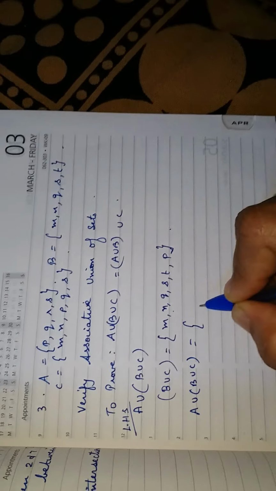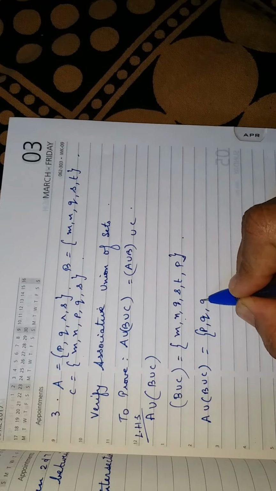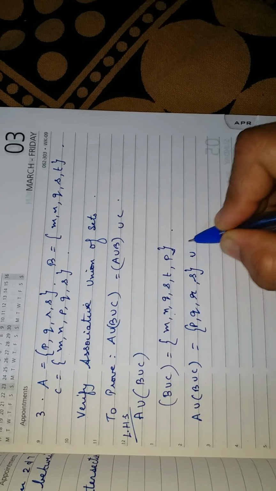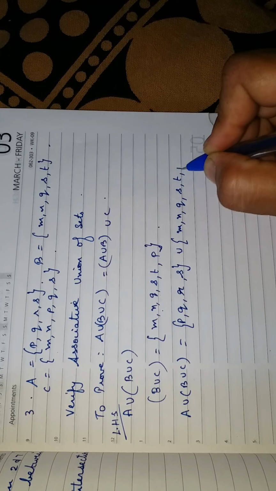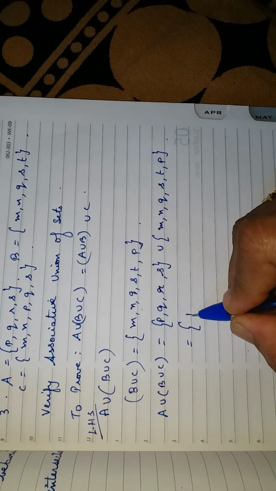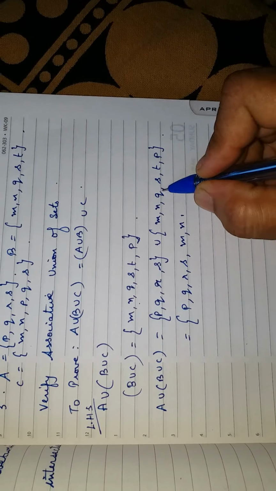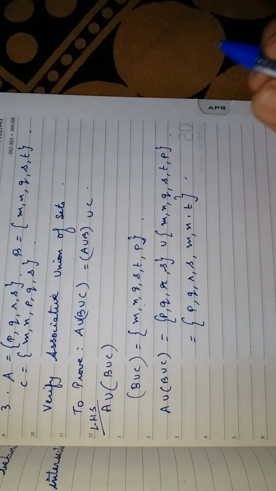It is equal to, first write the elements of A: P, Q, R, S, union M, N, Q, S, T, P. So it is equal to, without repetition, P, Q, R, S, M, N, Q you have here, S you have, T, P also you have, leave it as it is.